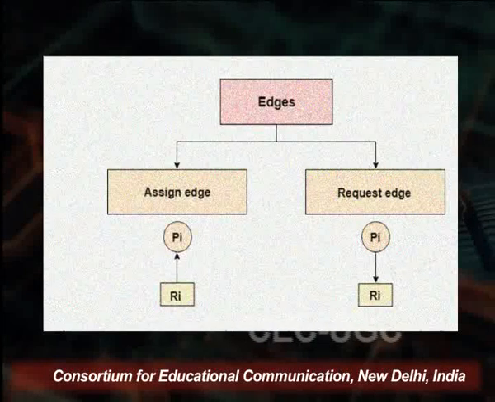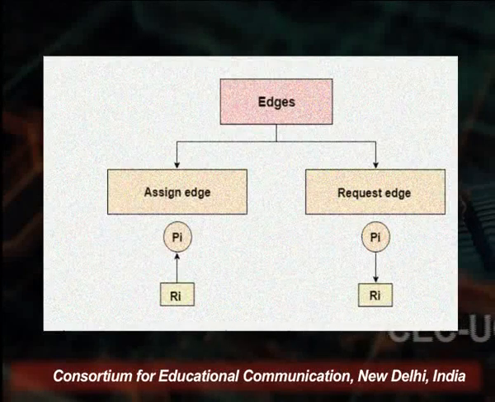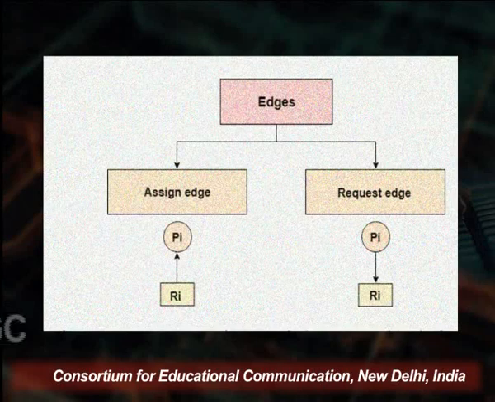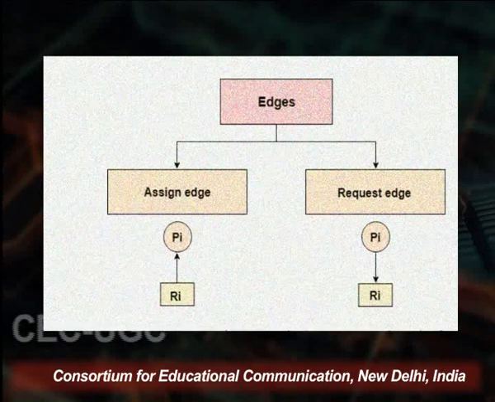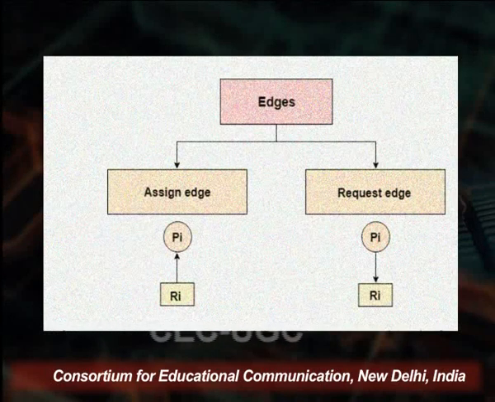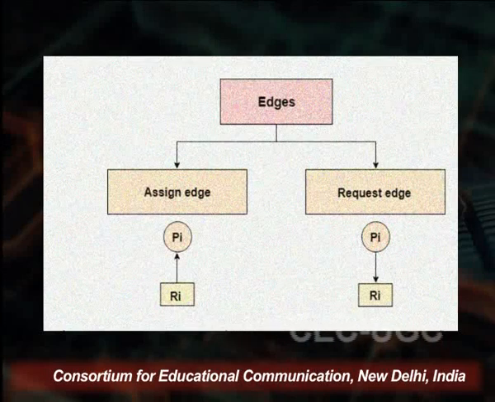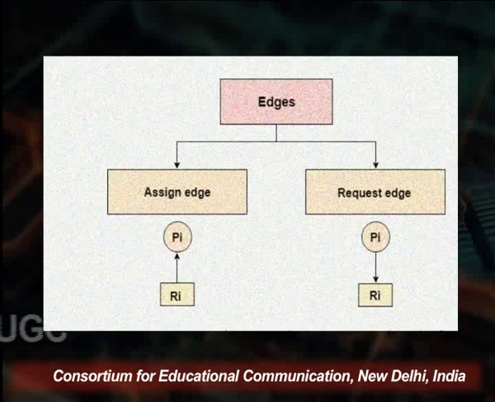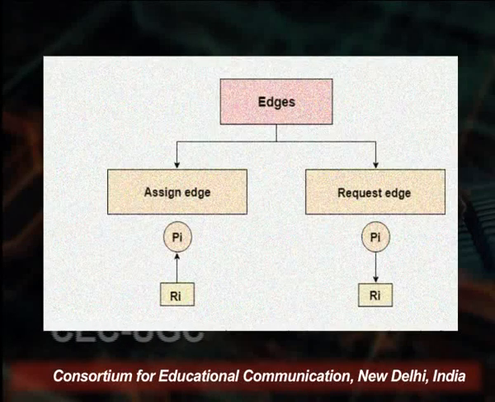So here, if you can see in the figure, what type of edges do we have? Vertices will be of 2 types that we have already seen, that is the process and the resources. On similar lines, we have 2 types of edges. One is an assignment edge, another one is the request edge.